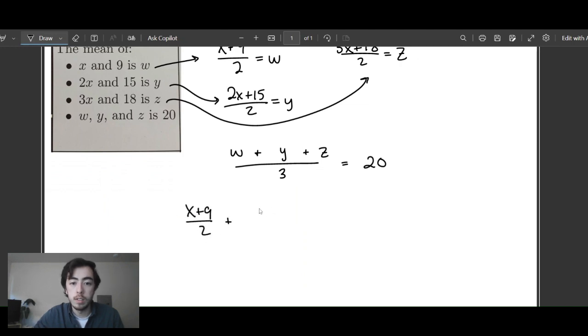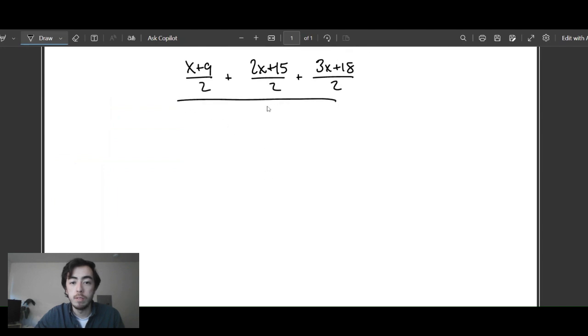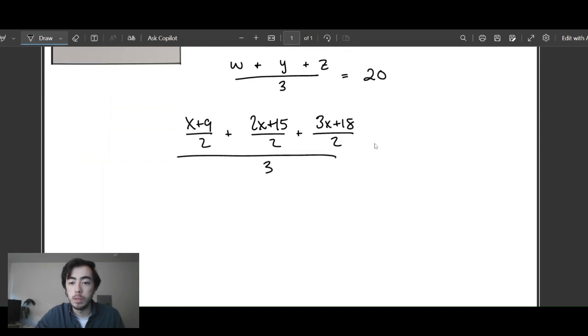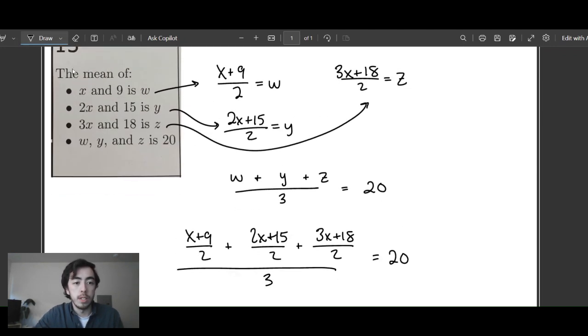Y is 2x plus 15 over 2. And then z is 3x plus 18 over 2. And then we're dividing all of that by 3. And this is supposedly equal to 20. If I solve for x here, I should get 13, because again, that's today's date.